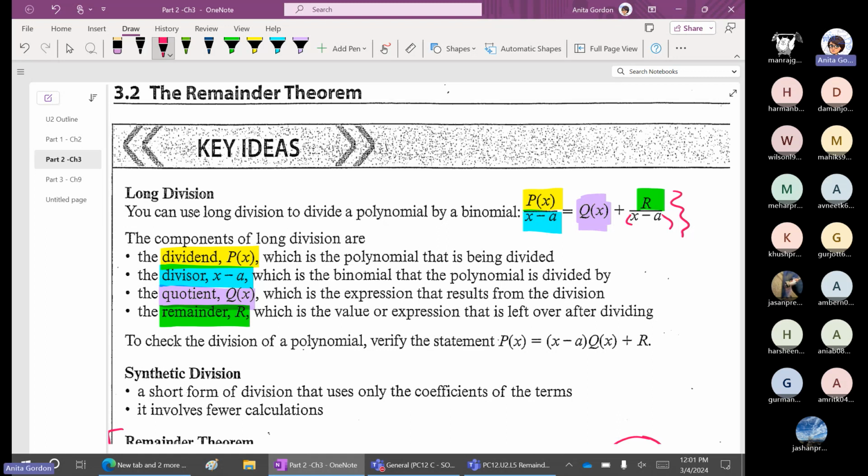We can always check our work by setting up the following equation. If we take our binomial and multiply it by the quotient, then add the remainder, once we simplify everything by combining like terms, we should end up with the original polynomial. So in our warm-up activity, I said, what is 21,175 divided by 7?